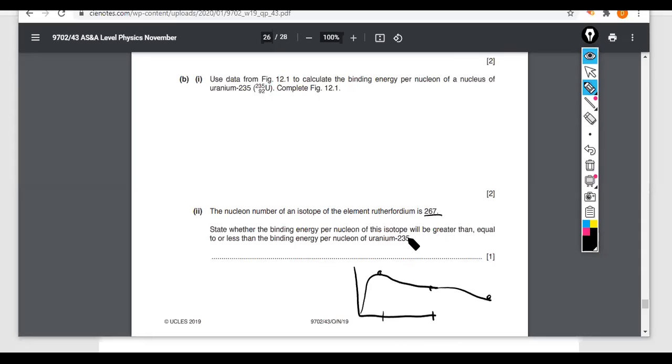So compared to the uranium-235, the binding energy per nucleon of this isotope will be less than, right? It's going to be further down this graph. So higher up on the x-axis because the number is bigger, but we know that the plot goes like this, right? It starts to decrease after iron and keeps going down. So if uranium can fission, Rutherfordium can fission even better. Okay, it's even more unstable.